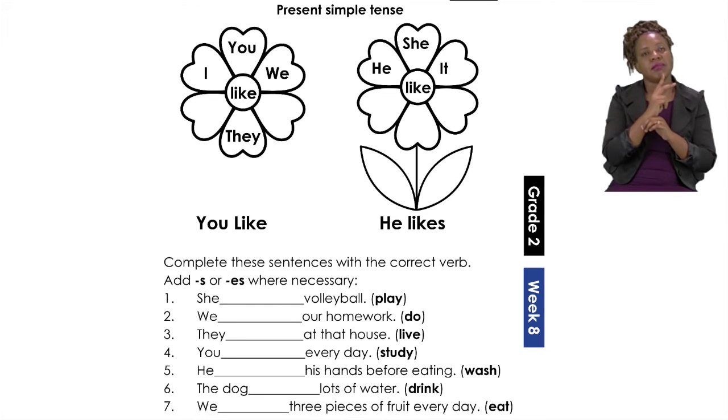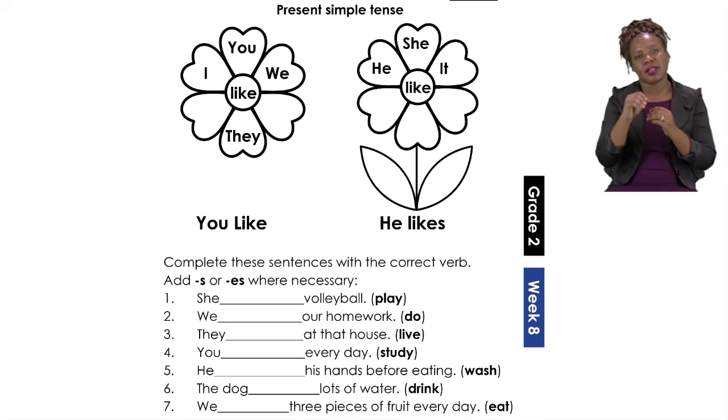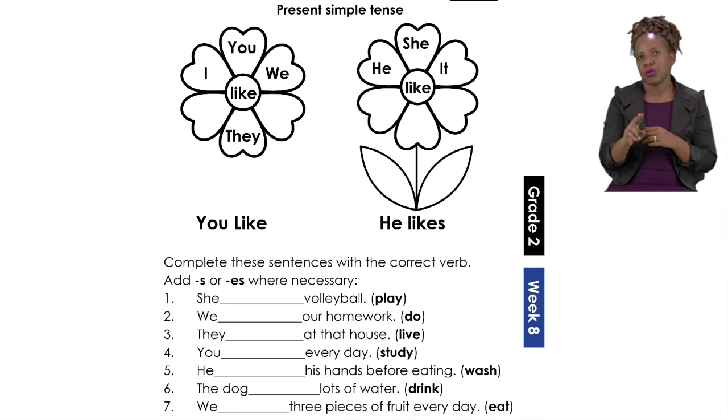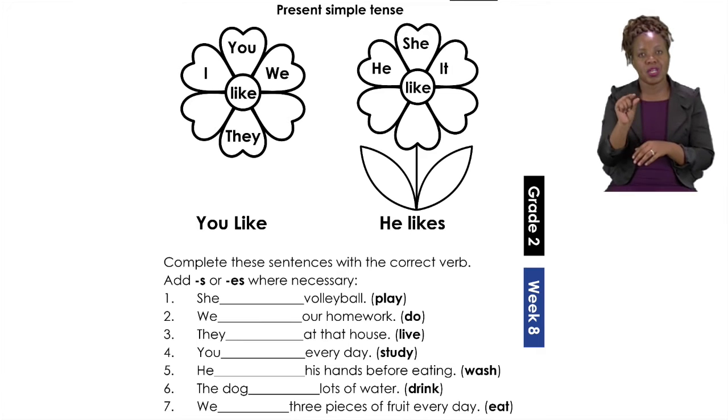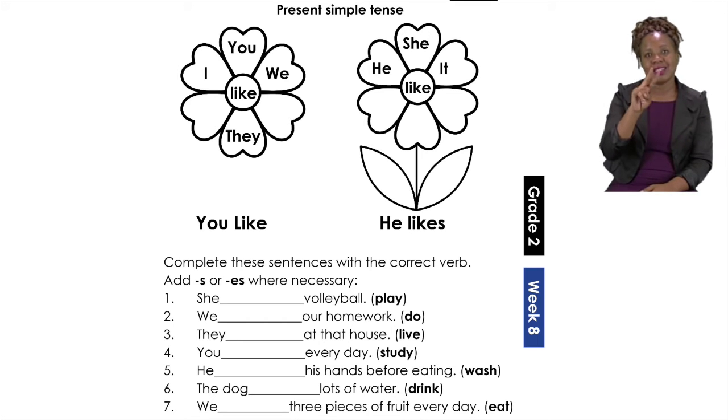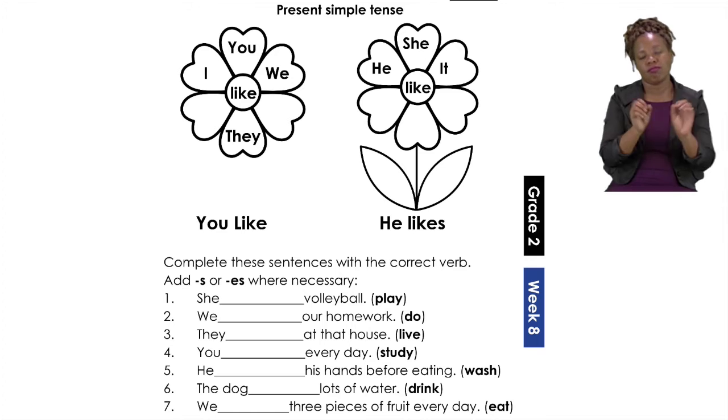They don't have an s or an es added to them. So that means that our sentence will read, they live at that house. We do not change the word live because of the word they. So I'd like you to please write the word live the way it is for number 3.